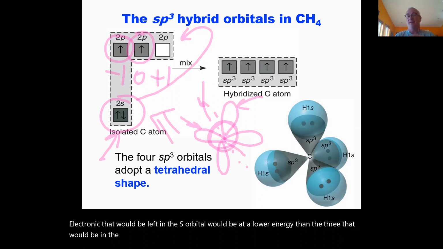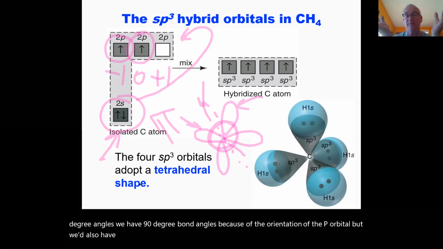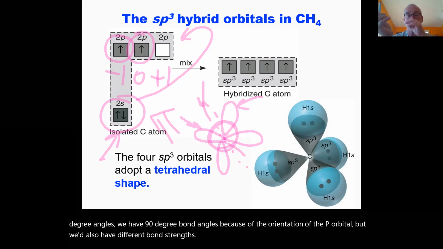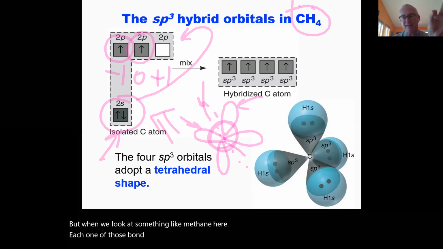So we would think not only would the shape be different, where we'd have 90-degree bond angles because of the orientation of the p orbital, but we'd also have different bond strengths. But when we look at something like methane here, each one of those bond angles is exactly the same.